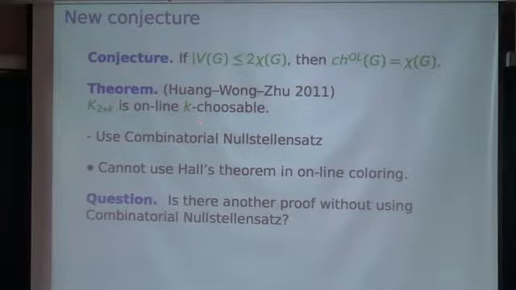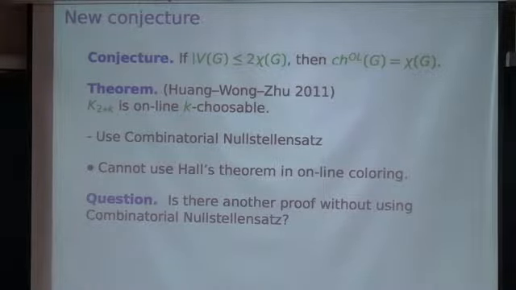In this conjecture, this theorem is tight, right? And to show this, they used the combinatorial Nullstellensatz. Actually, most proofs regarding this problem use Hall's theorem. But the problem is that Hall's theorem cannot be used in online coloring.